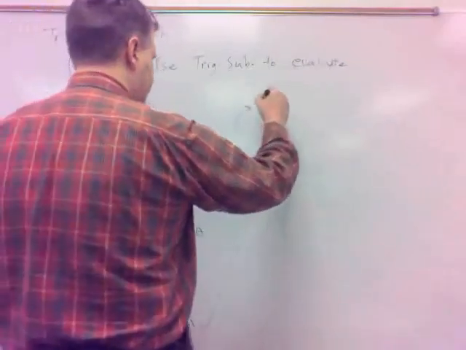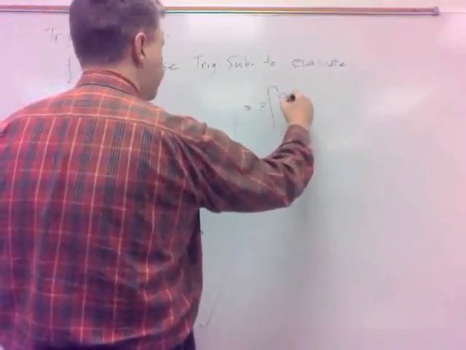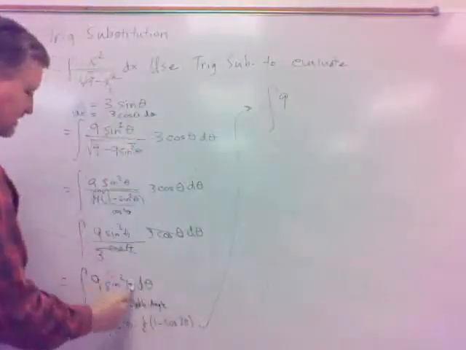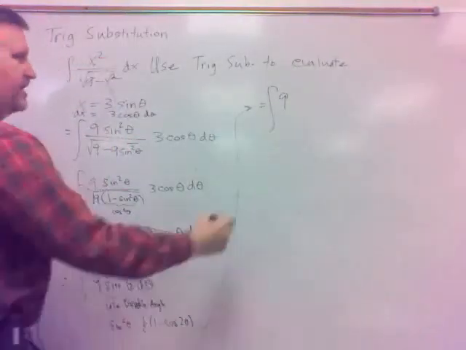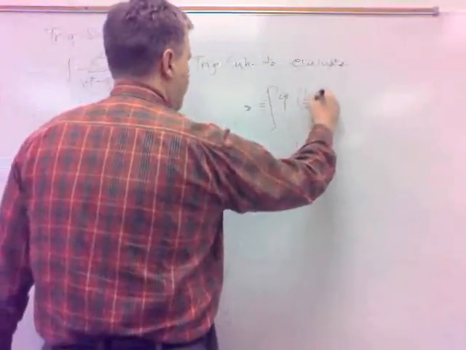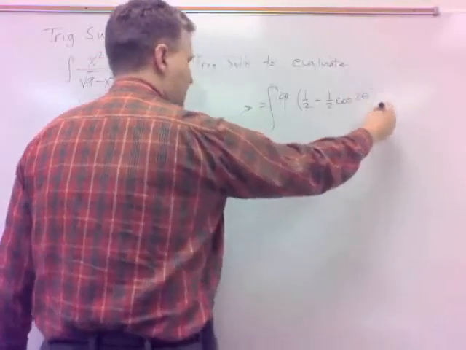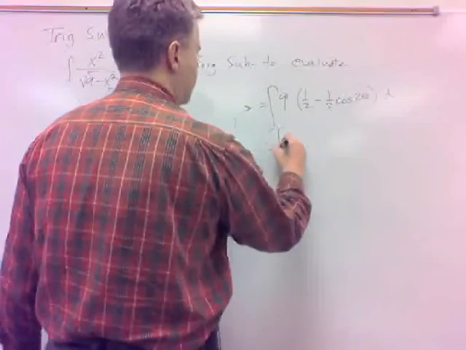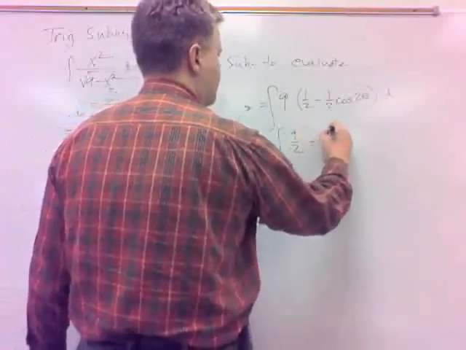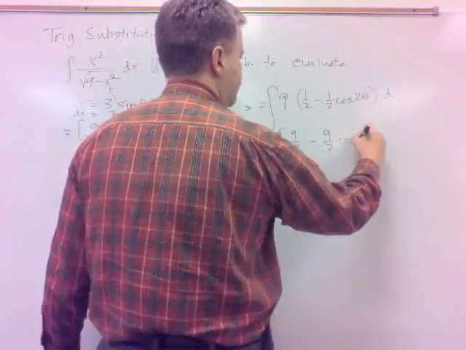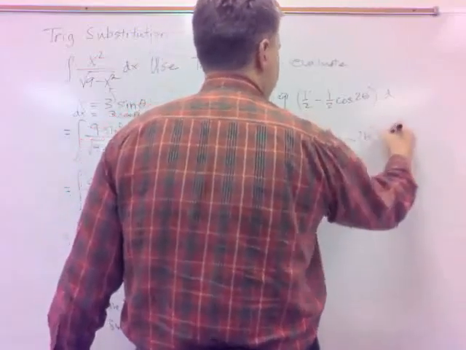And so this becomes the integral of 9. So I make the sine squared, it's going to be 1/2 minus 1/2 cosine 2 theta. I will go ahead and multiply the 9 in, so I get integral of 9/2 minus 9/2 cosine 2 theta, d theta.